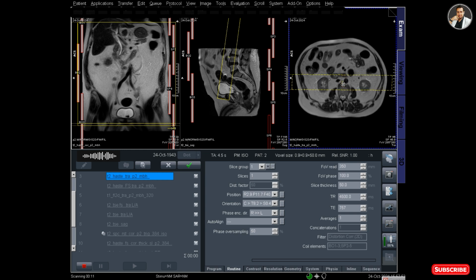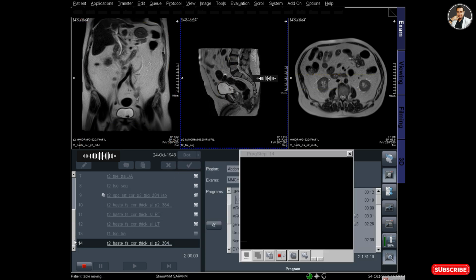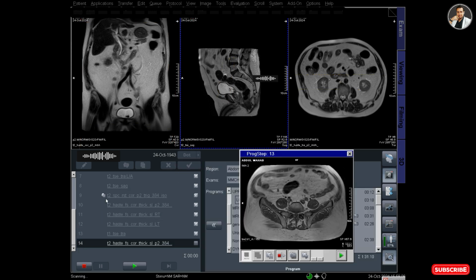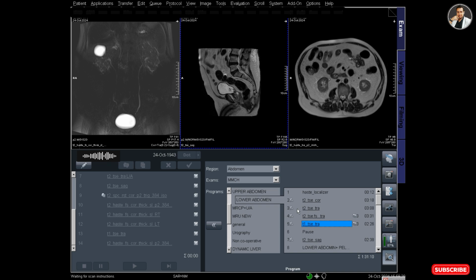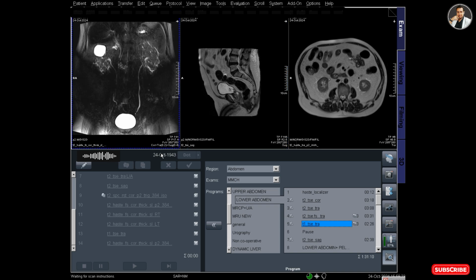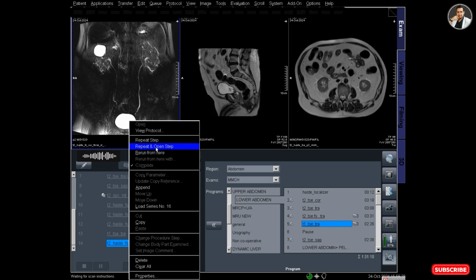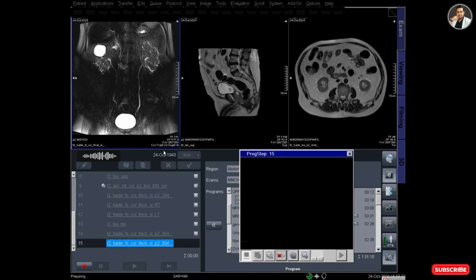I am checking the axial slices so that my planning is at the right angle, and it should cover the renal pelvis and go through the ureter. So the T2 Hest thick slice planning is now started, and you can see now the ureter is visible very well, especially the left one and also the right one.